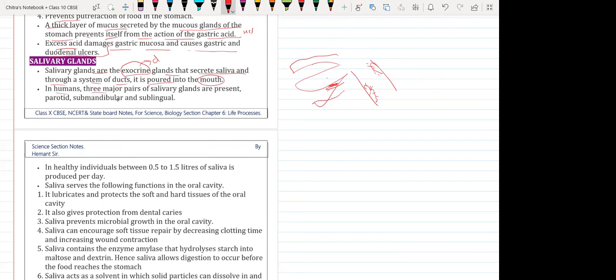In humans, three major pairs of salivary glands are present: parotid, submandibular, and sublingual. In a healthy individual, between 0.5 to 1.5 liters of saliva is produced per day.